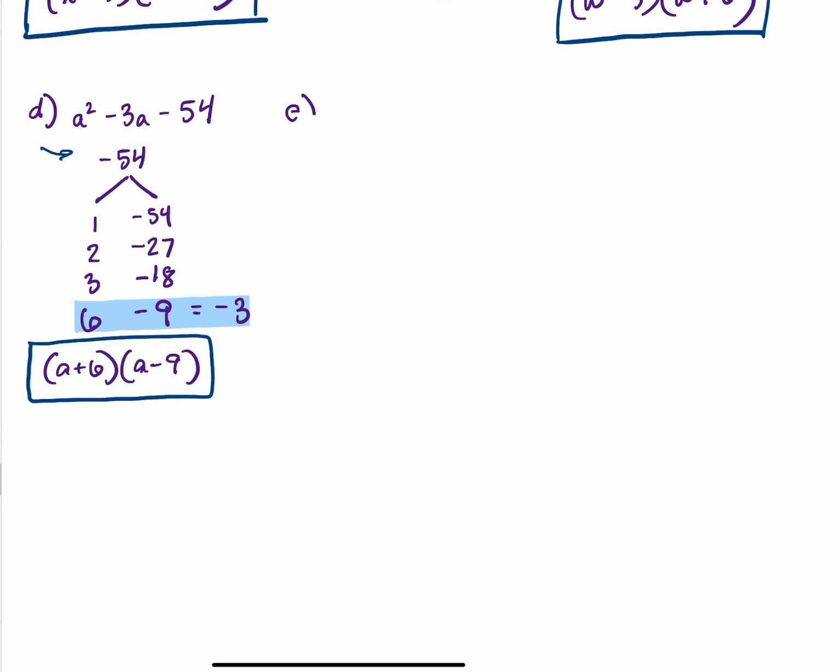Part E gave us c squared minus 6c plus 9. So we're looking for factors of positive 9 that add up to negative 6.